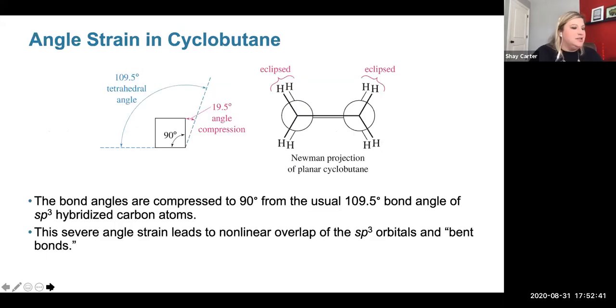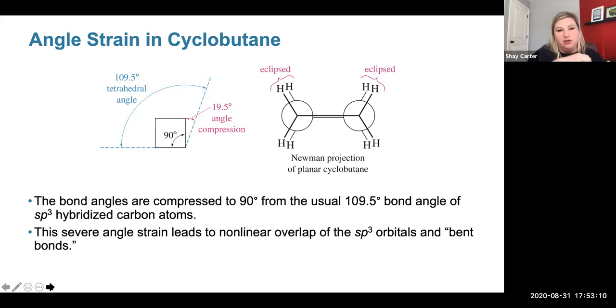Okay, so here's an example of angle strain in cyclobutane. Cyclobutane has bond angles of 90 degrees. It's not quite as dramatic as with cyclopropane, but it definitely deviates from the ideal 109.5 bond angle that carbon really likes to be in, okay?